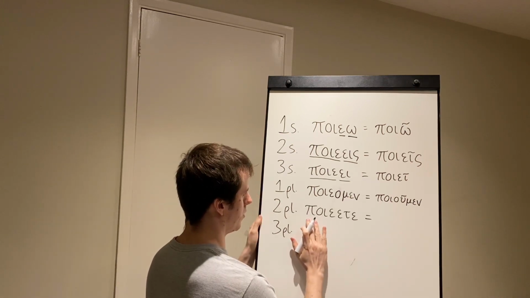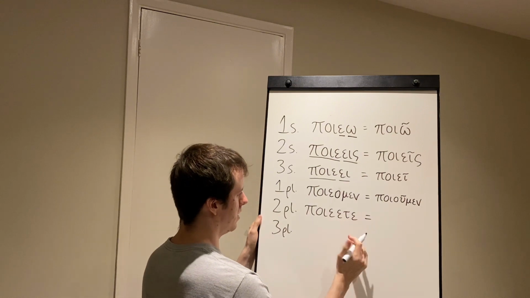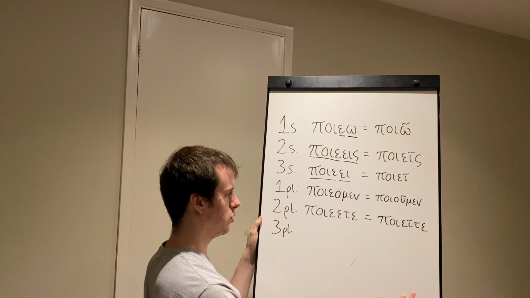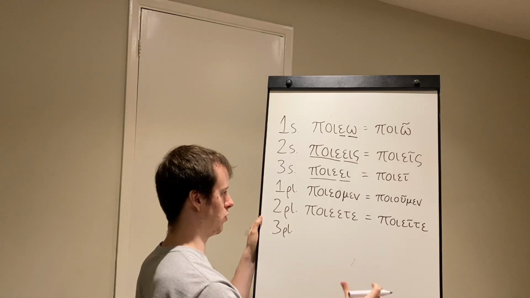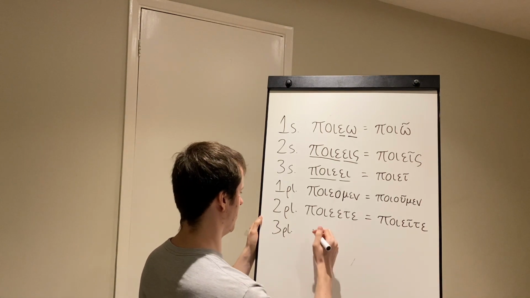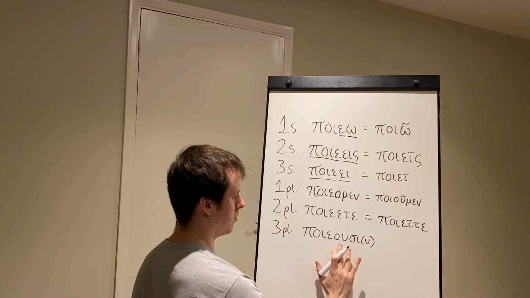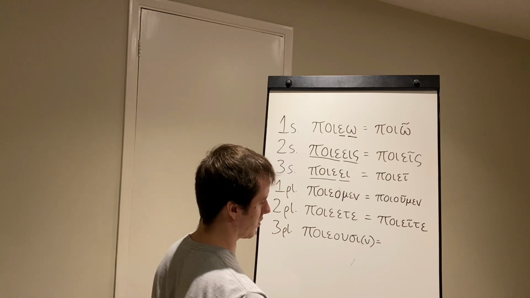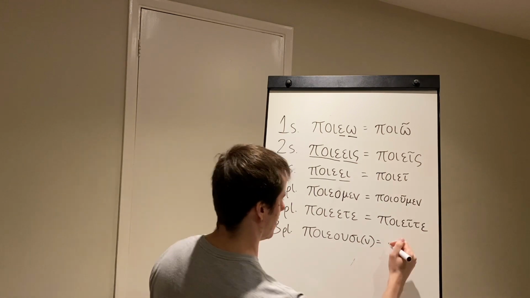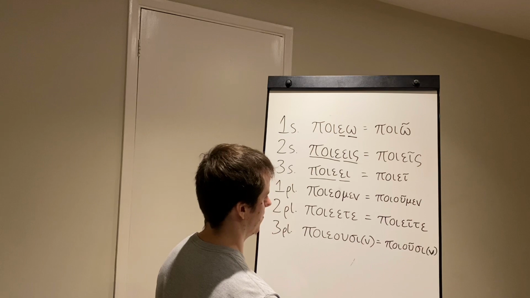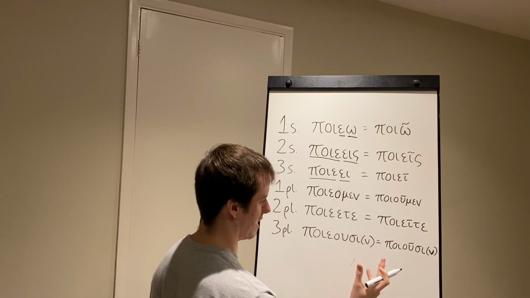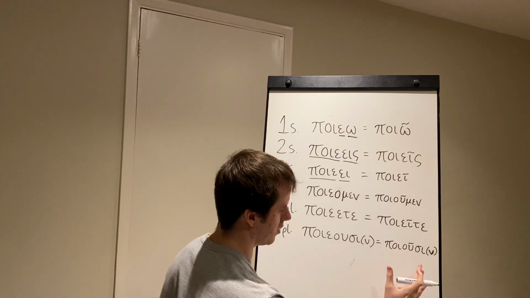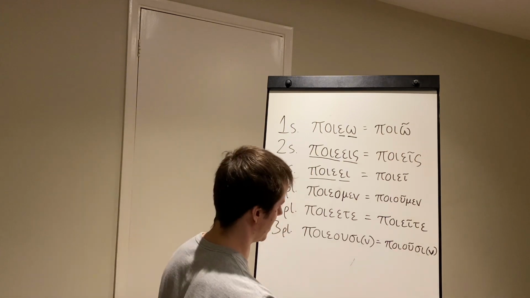The second person plural is poie plus ete, which makes poieite, meaning you plural do or you plural are doing, you plural make or you plural are making. How about poie plus the person ending ousin? If you look at your table of contraction, you will find that that makes poiousin. The ou is strong and it totally gets rid of the epsilon, so it's just poiousin, meaning they do or they make or they are doing or they are making.